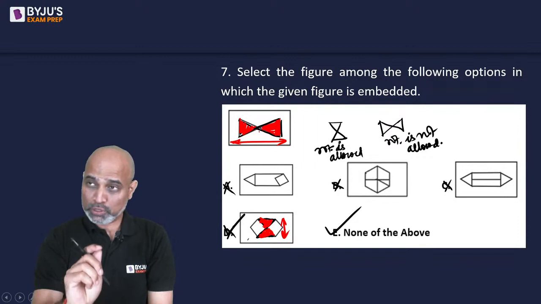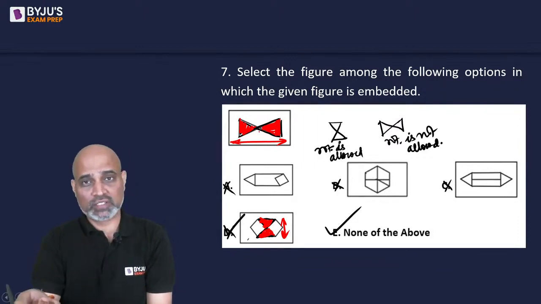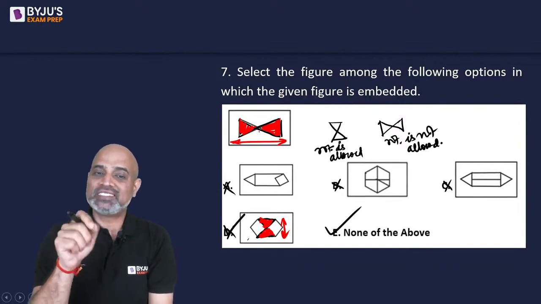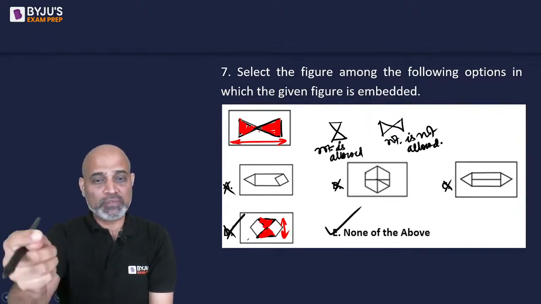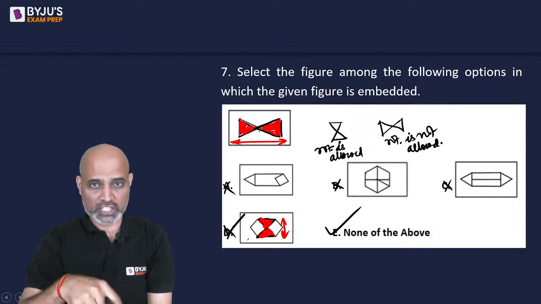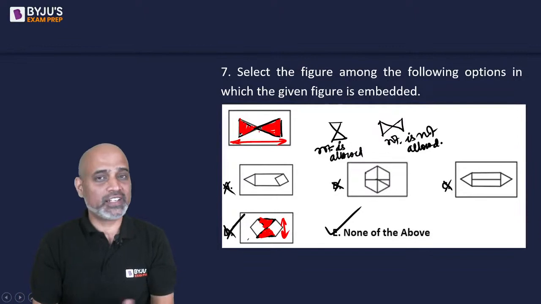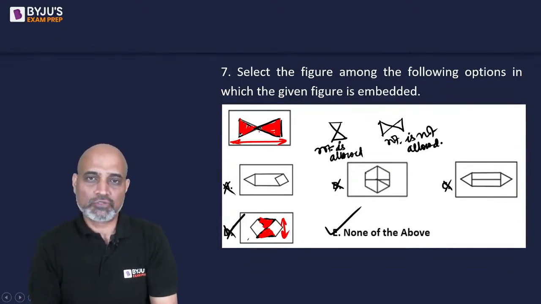So both are two triangles at a common vertex, but they are not the same triangles, the upper and the lower. The lower triangle is smaller, the upper triangle is bigger. So if I try to superimpose this and find, I will not find it. So that's why I'm saying E is the answer, none of the above.